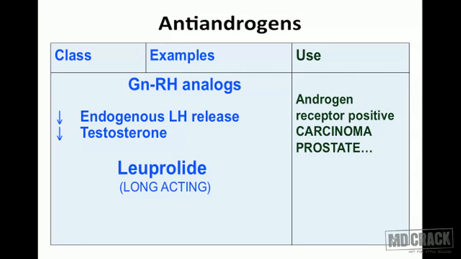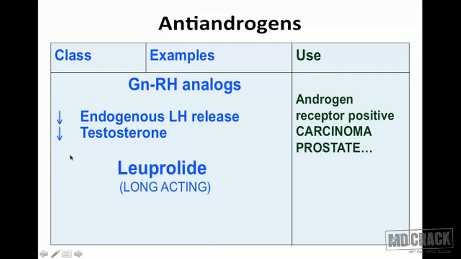Now you have the third one. What is this doing? This is neither blocking the receptor, nor is it going to the 5-alpha reductase enzyme. It's a gonadotropin releasing hormone analog, and it acts on the center, and it inhibits the release of luteinizing hormone, that's the LH. So it inhibits the endogenous release of the LH. This leads to decrease in the testosterone.